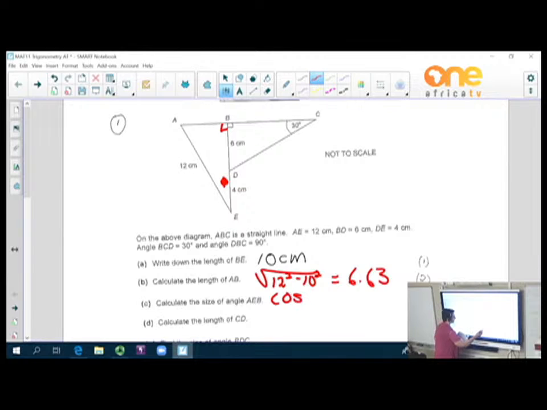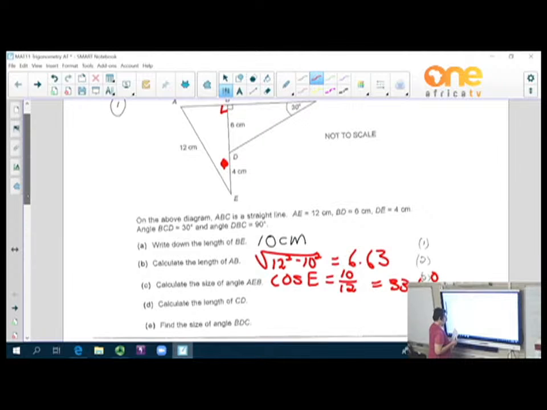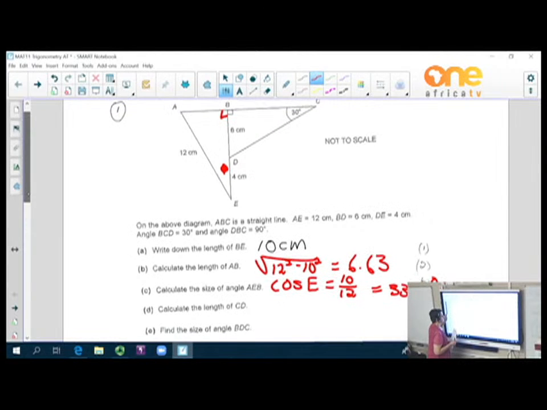So cosine E is then equal to 10 over 12. Look at your mistakes. Some of you swapped the two. Some of you have chosen sine here. Look, it's the included angle. You should be able to identify it. And that is then 33.6 degrees.